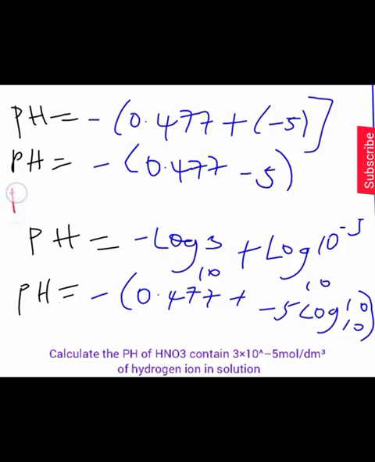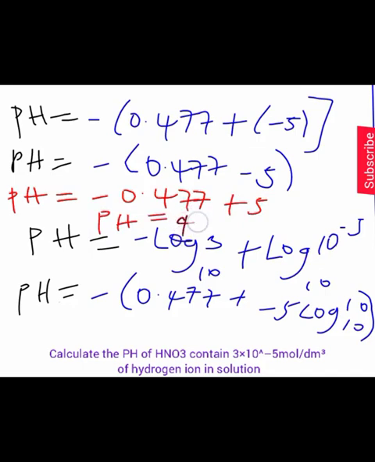We multiply everything in the bracket by the minus, which gives minus 0.477 plus 5, so that our pH is equal to 4.523. This is the answer that we are looking for.